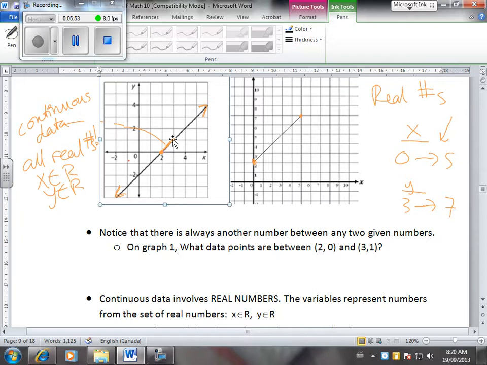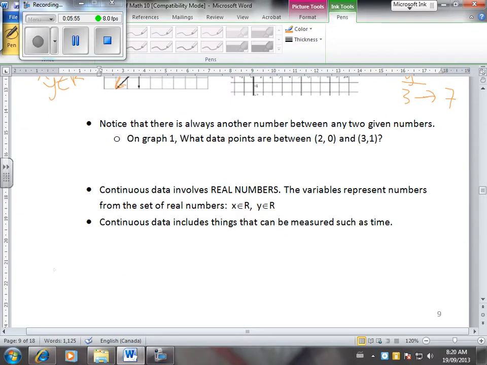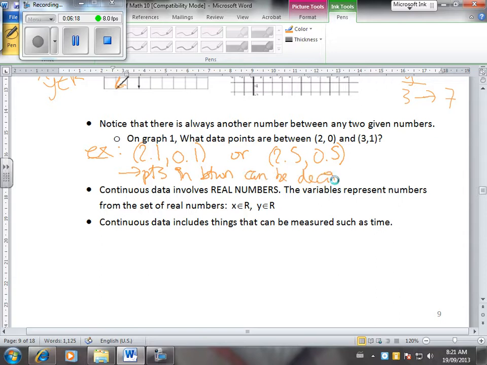So, for example, like 2.1, 0.1, or 2.5, 0.5. Okay, so the points in between can be decimals or fractions.